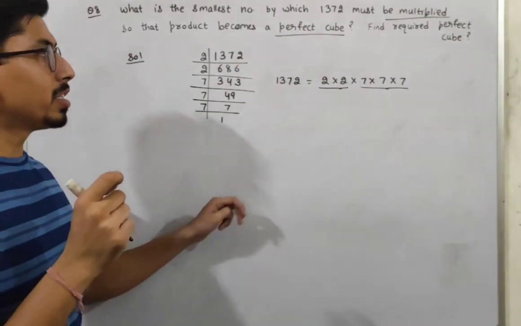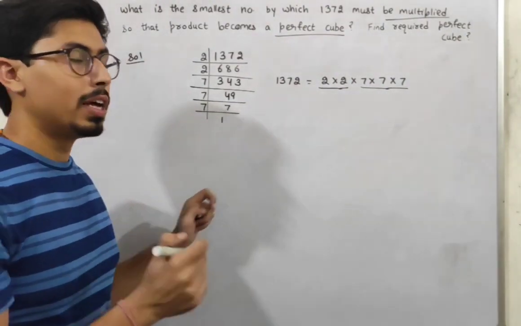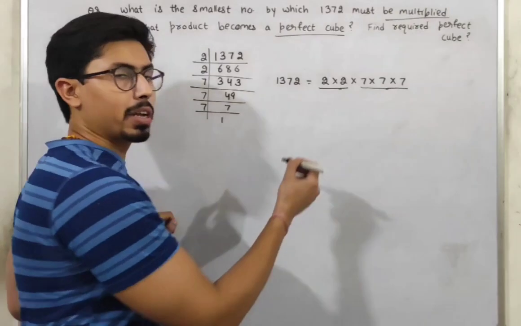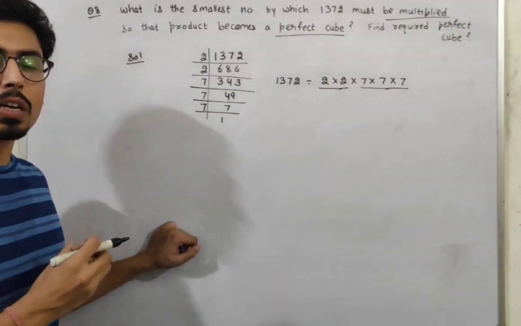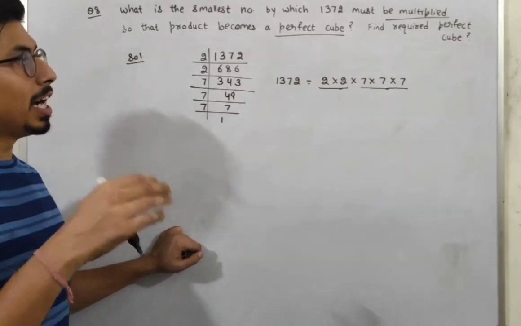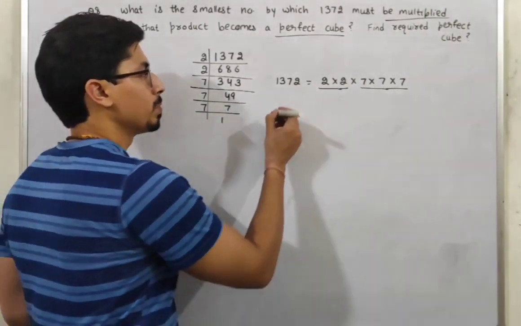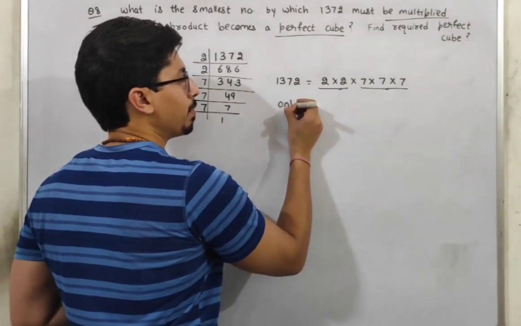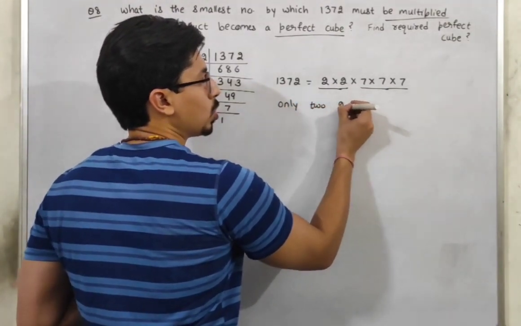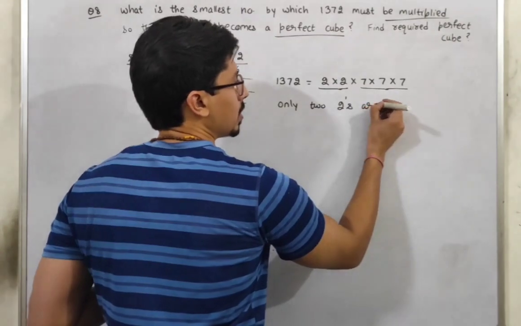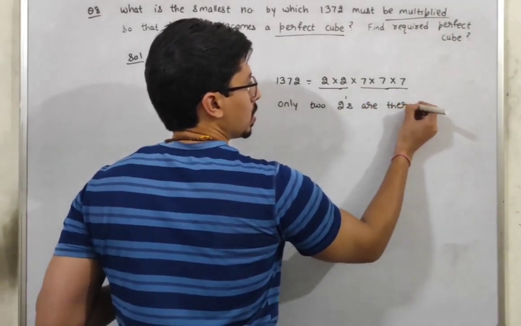So if I just multiply this number by 2, 3 2s will be there and it will make a group of 3. Okay. So that it later on becomes a perfect cube. So only 2 twos are there.